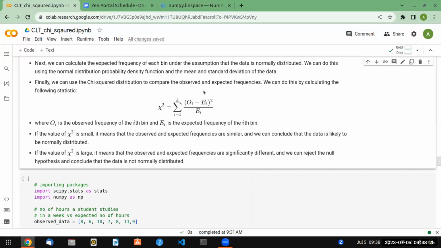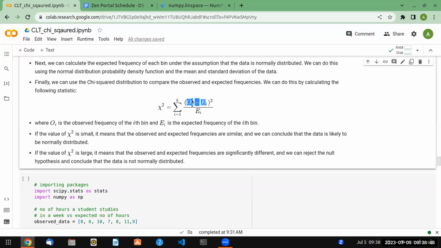So you test it by taking your frequency and the frequency that you are expecting, subtracting them, and squaring the difference. Now what will happen? If this value is small, what does that mean? That means this difference is small.